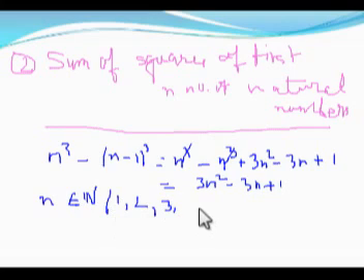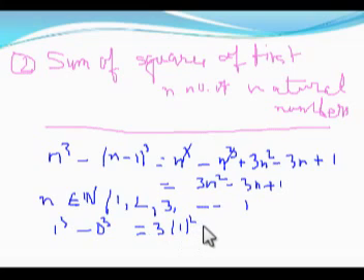If we put n equal to 1, we will get 1 cube minus 0 cube equals 3 into 1 square minus 3 into 1 plus 1.